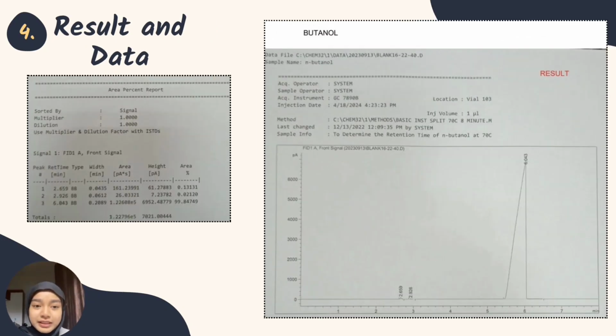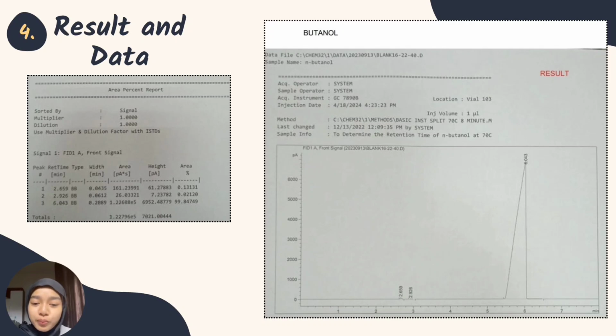Second graph, the gas chromatography analysis of the N-butanol sample shows a single dominant peak at a retention time of 6.04 minutes, accounting for 99.85% of the total area, indicating that N-butanol is the main component and the sample is nearly pure.